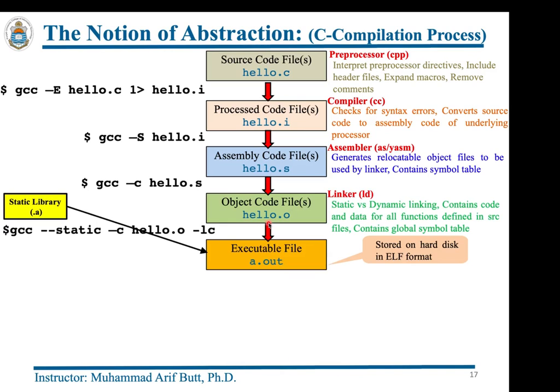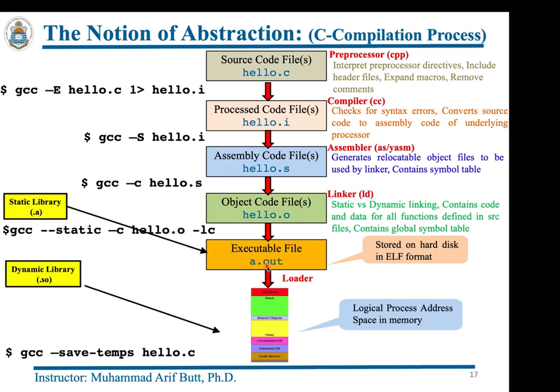Later, the programmer may perform the static or maybe the dynamic linking to generate the binary executable named a.out. And then to execute this program, the loader may link the program with the dynamic library and load the program in the computer memory in a specific layout.